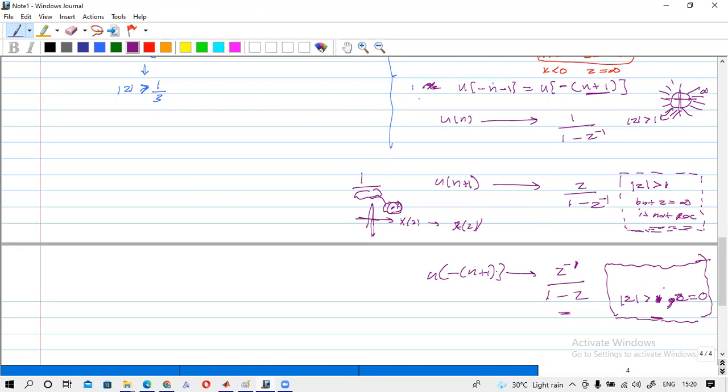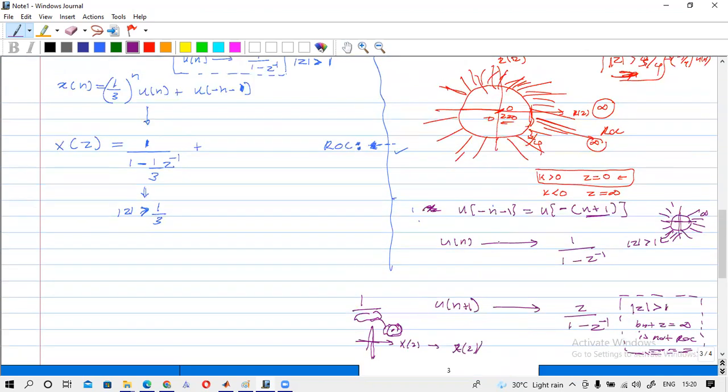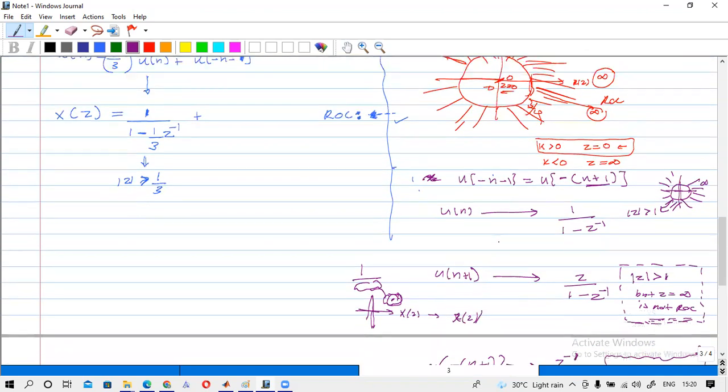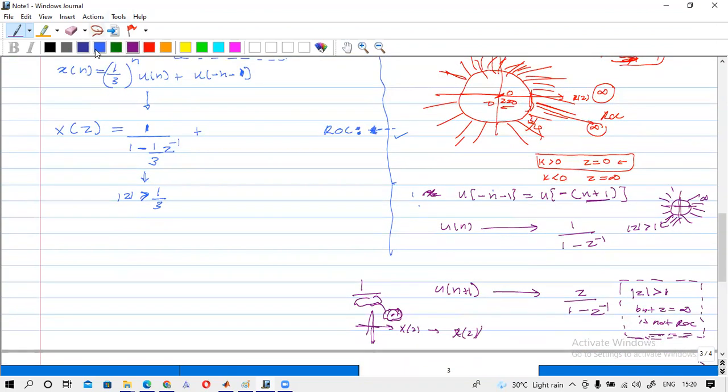So this will be our Z transform, which we have found: z^-1 over 1 minus z.